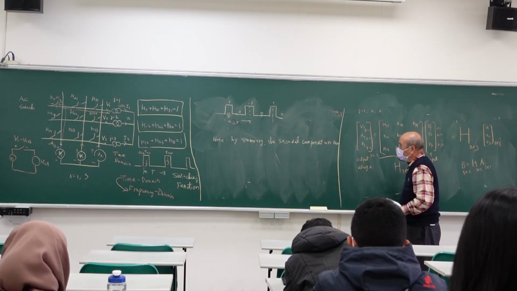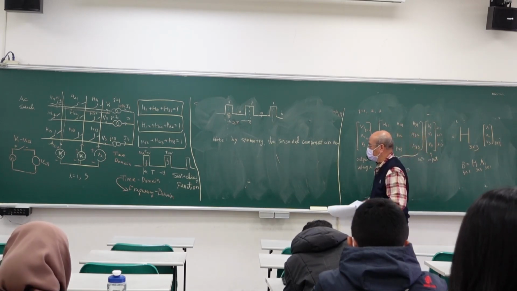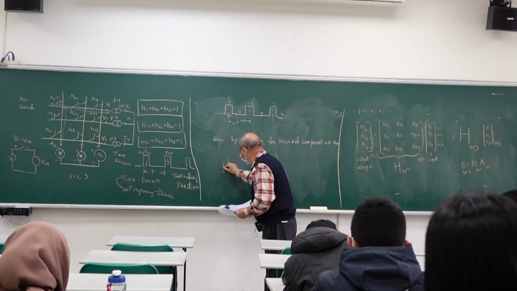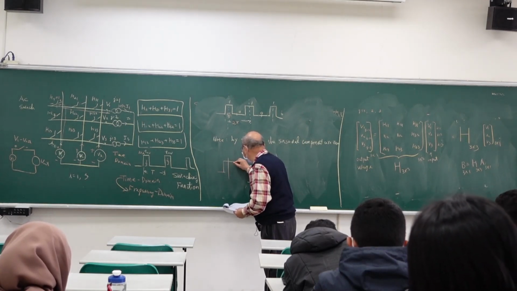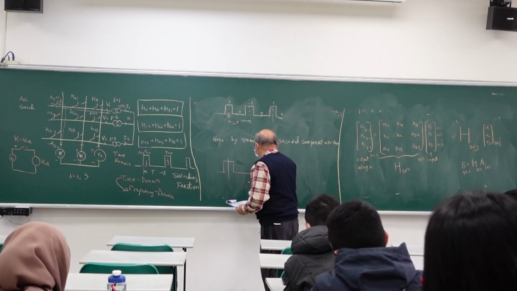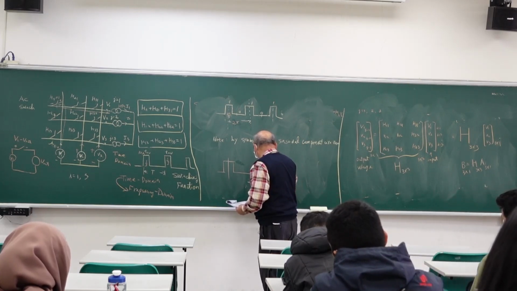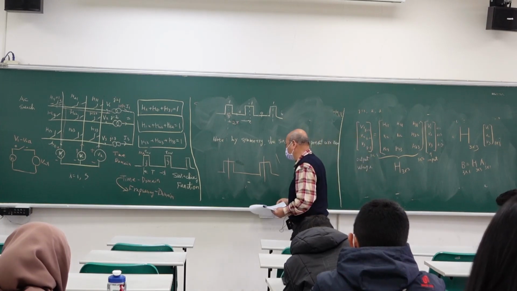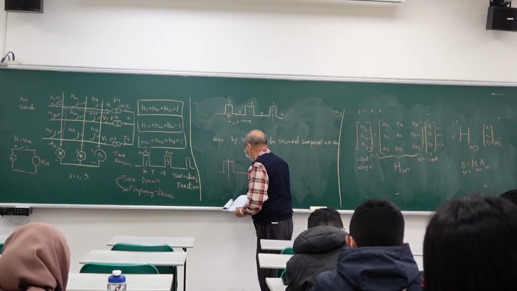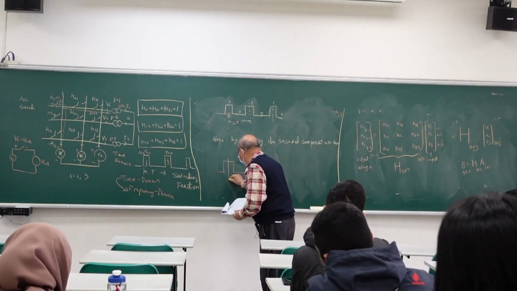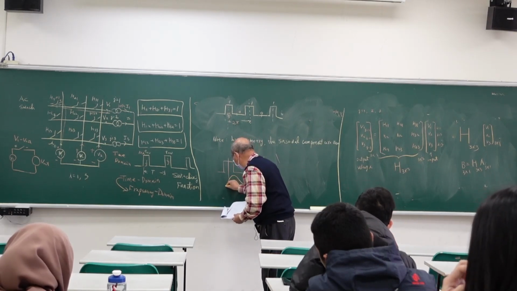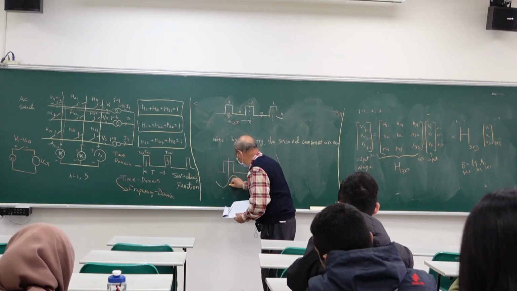How do you know we do not have sine? If you put this here, put this here, put this here, put this here, and then you put a sine wave. So a sine wave, maybe something like this, and a sine wave like this.